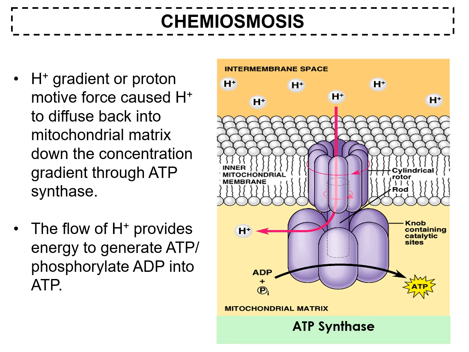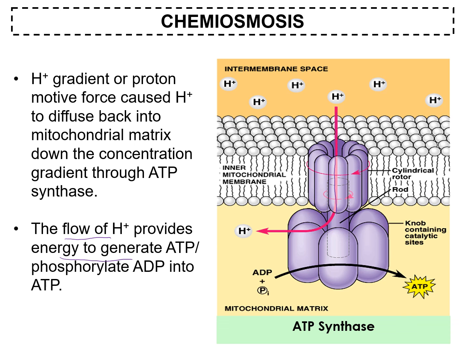So while the hydrogen ion is moved through the ATP synthase, the flow provides energy to generate ATP like a turbine. Like a hydro dam, the movement of water moves the turbine and then produces energy.